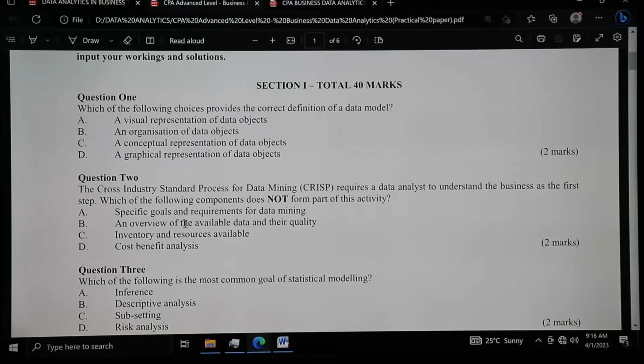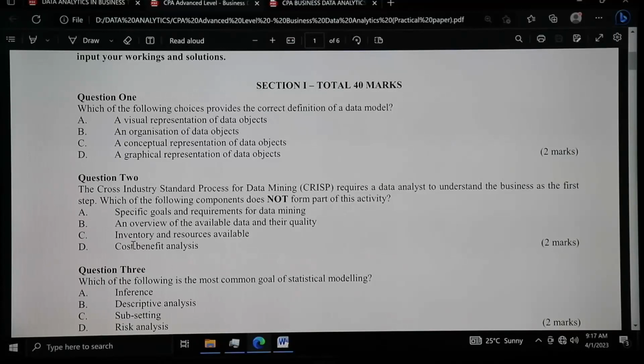Then an overview of the available data and their quality. Then the other one is inventory of resources available. Then cost benefit analysis. Here we are told which of these is not actually an activity involved in understanding the business, so you have to use the elimination method.